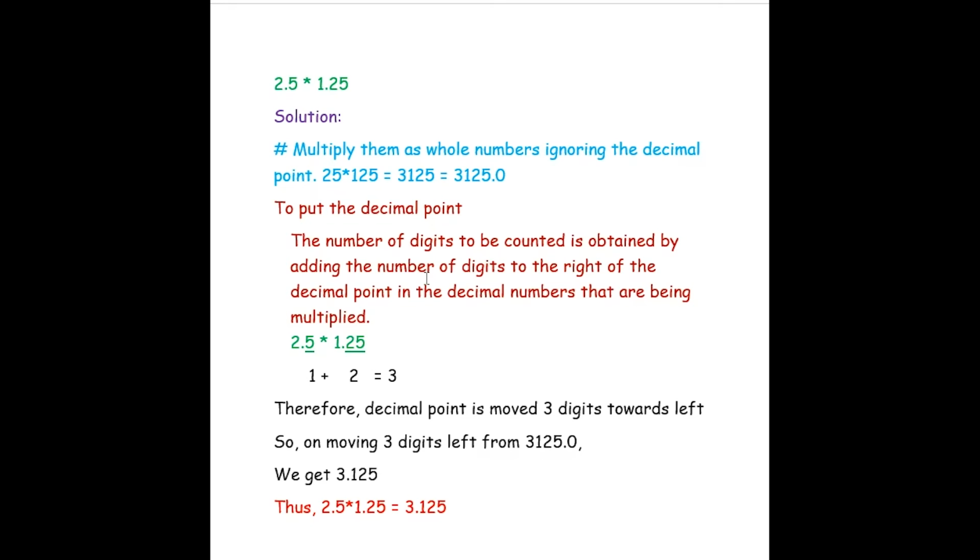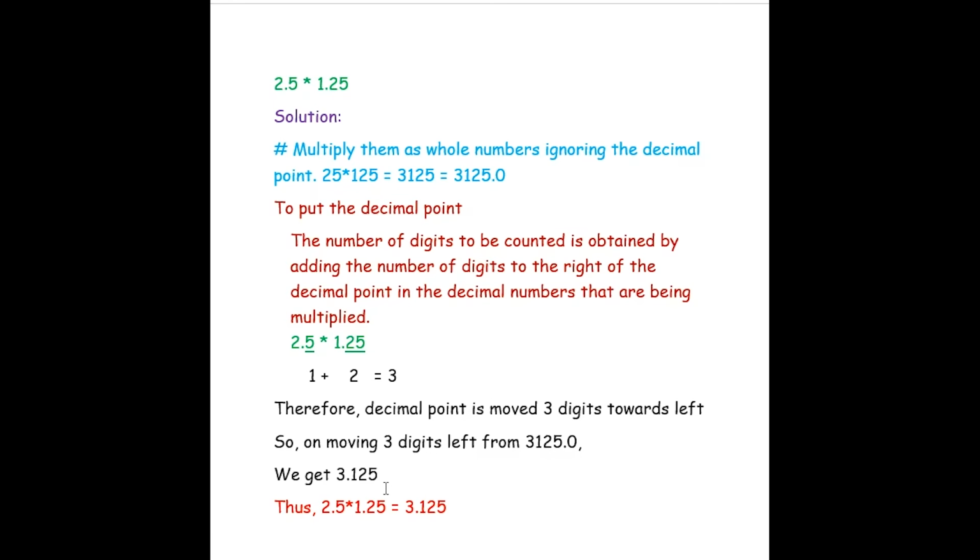Now we want to place the decimal point correctly. How will we place it? We have to count the number of digits after the decimal point in our question, that is the numbers to be multiplied. In 2.5 we have 1 digit, and in 1.25 we have 2 digits. So 1 plus 2 is 3. We have to move the decimal point 3 digits towards the left.